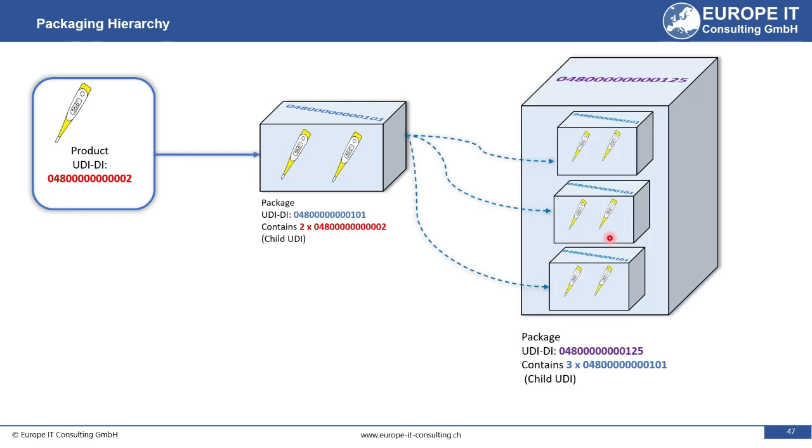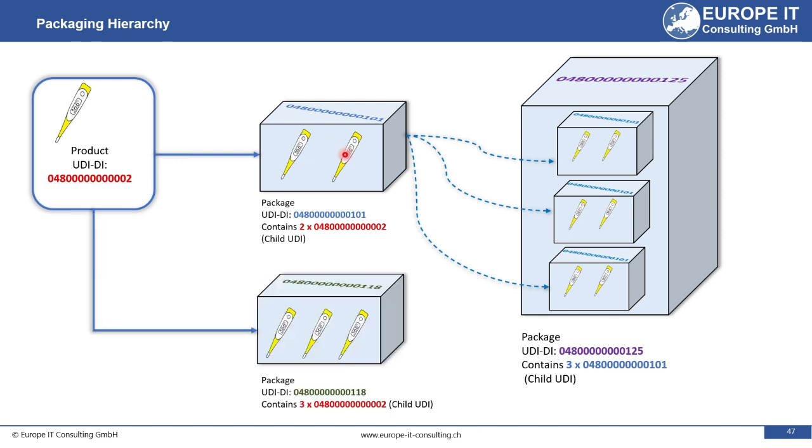On the highest level we have 3 of this intermediate unit, which contains 2. As you see here, we also have a different UDI-DI code, and this one contains 3 of these 2-packs.